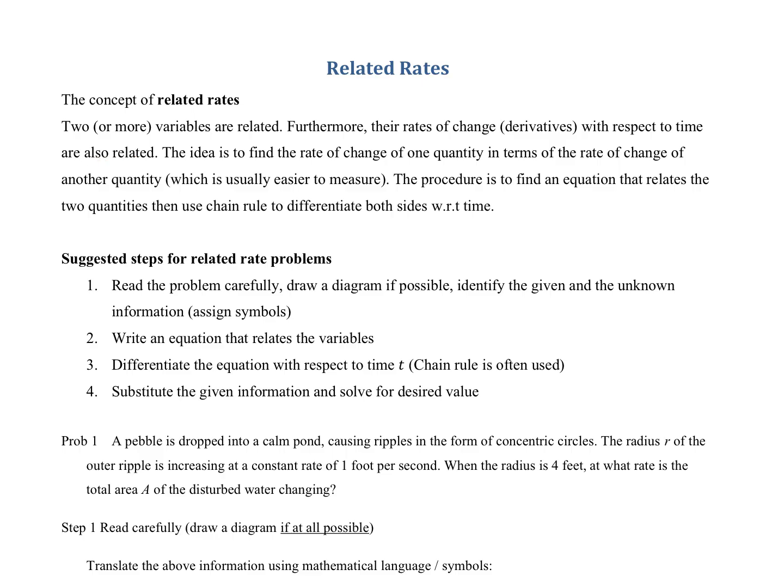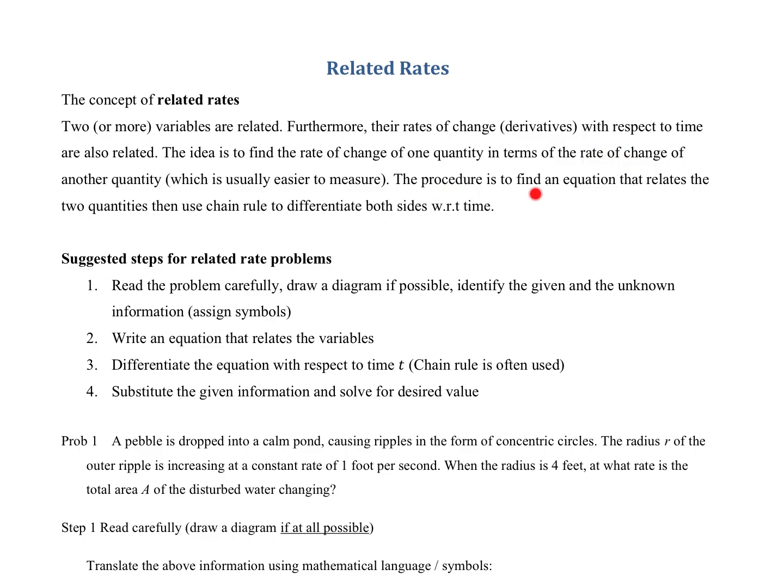The idea is to find the rate of change of one variable in terms of the rate of change of another quantity. The reason is that the rate of change of another quantity is sometimes easier to measure, and the rate of change of interest may be harder to measure. So we find this by using the one that's easier to measure.